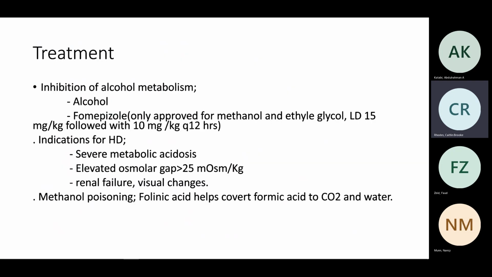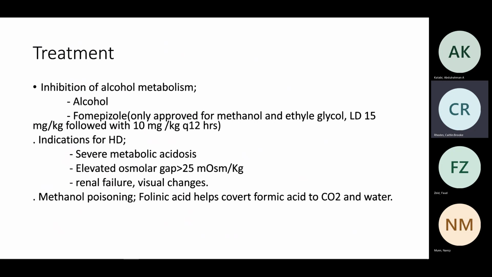Treatment, as I mentioned, is alcohol, just to inhibit the alcohol metabolism, but it's very hard to dose and monitor. Fomepizole is very expensive and approved for methanol and ethylene glycol. You start with a loading dose of 15 milligrams per kg, followed by 10 milligrams per kg every 12 hours.